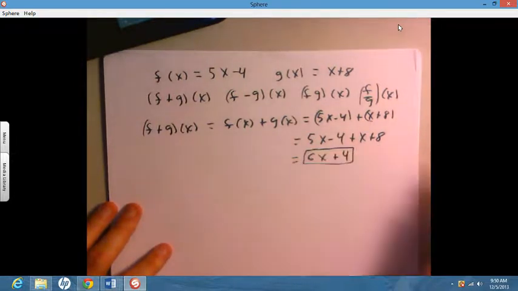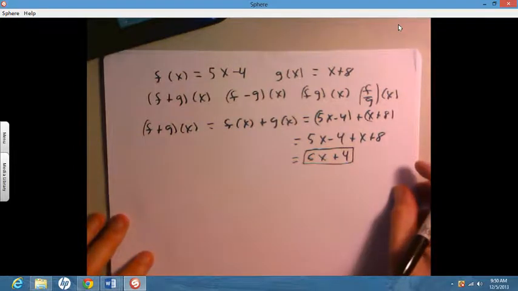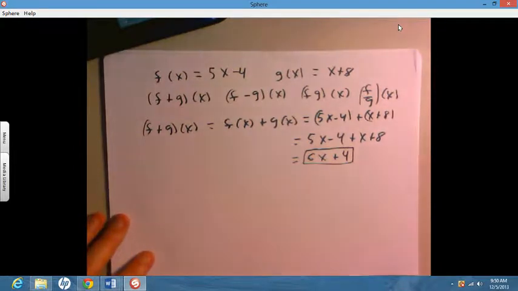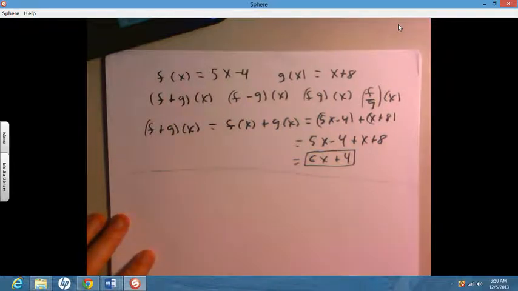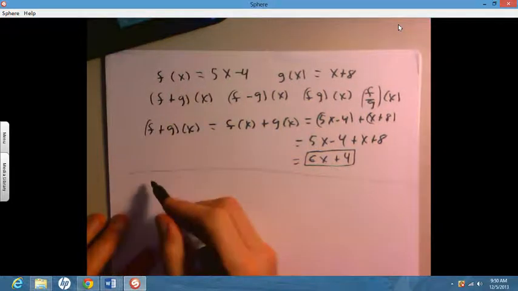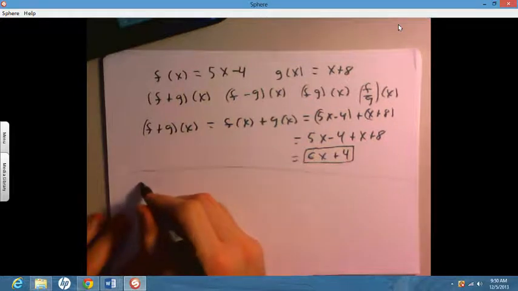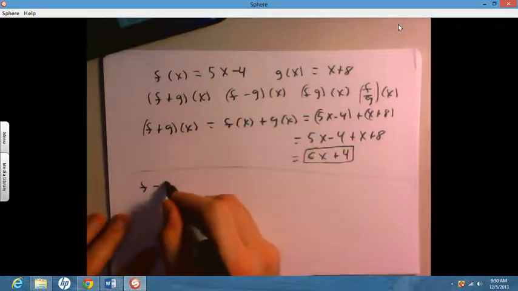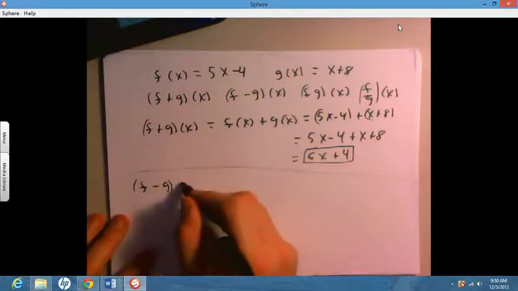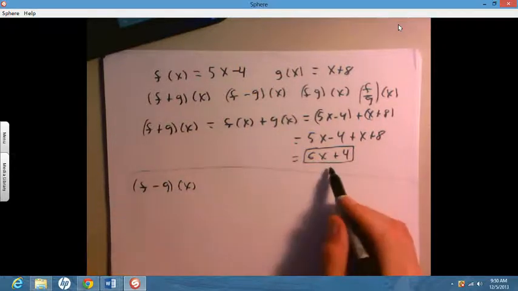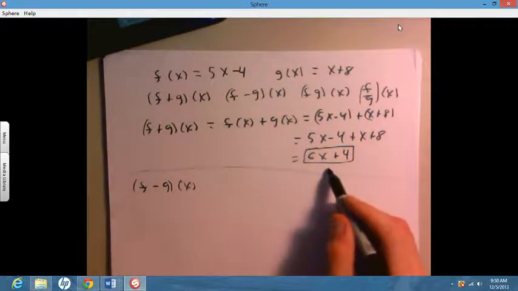Okay? So let's go ahead and try the next one. For the next one, I'm going to do f minus g of x. Now, of course, the domain on this function is negative infinity to positive infinity, because you're asking yourself, what values of x can I plug in here that won't work?